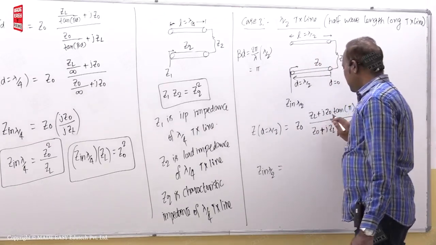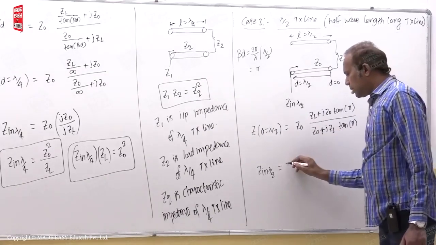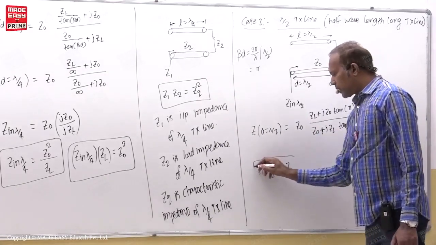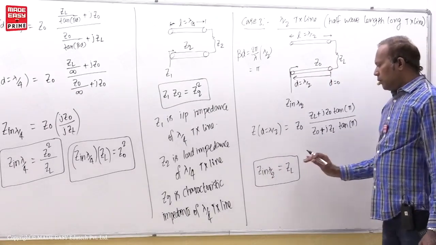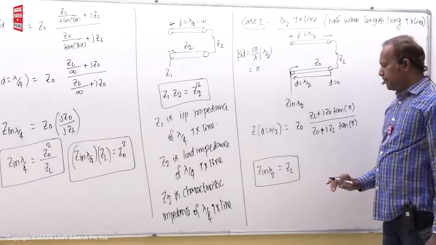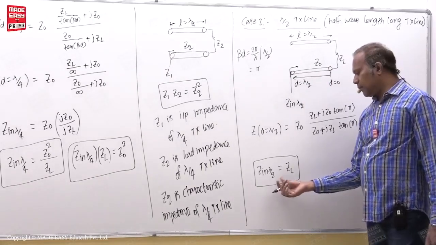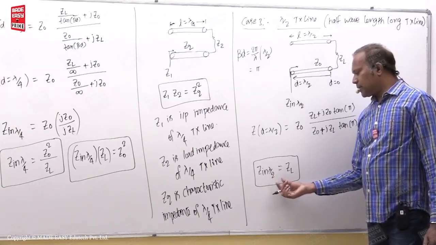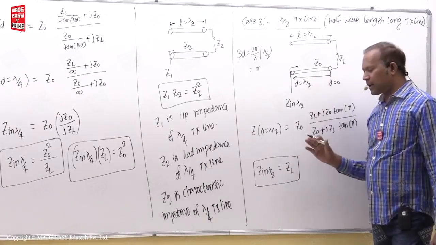The Z0 cancels, you get ZL. Utmost important conclusion, very important. Anyway, first I will complete this, then we will go to that. What is the input impedance of a half wavelength transmission line? That is equal to the load impedance of the transmission line.